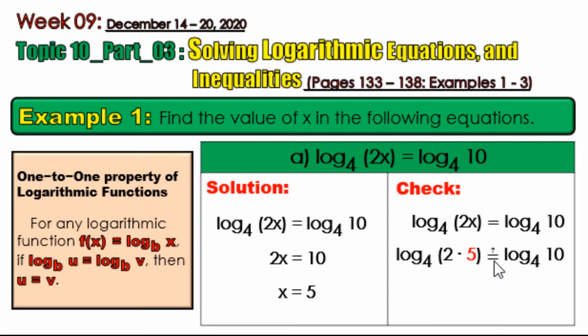We want to check if it is equal to the logarithm of 10 to the base 4. 2 times 5 is 10, so logarithm of 10 to the base 4 is equal to the logarithm of 10 to the base 4. So they are equal when x is equal to 5. Therefore, we have the value of x equal to 5.